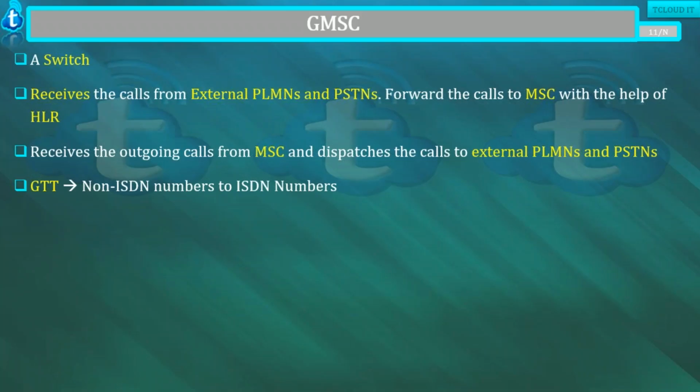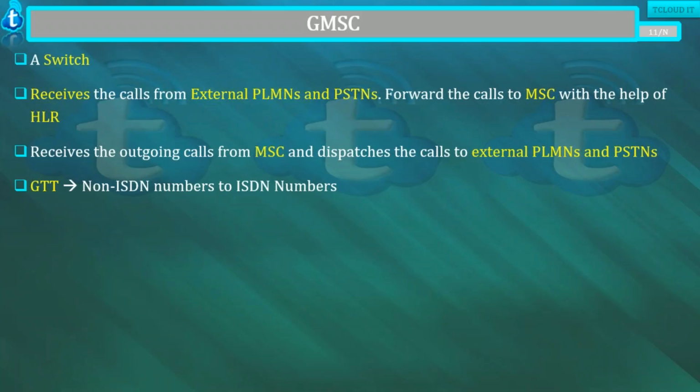For example, you are dialing a toll-free number, 1800 225 755, of a particular company which has advertised their toll-free number on their website. You want that company's service, so you dial the toll-free number. This toll-free number, 1800, whatever it is, is not an ISDN number. It is a non-ISDN number.